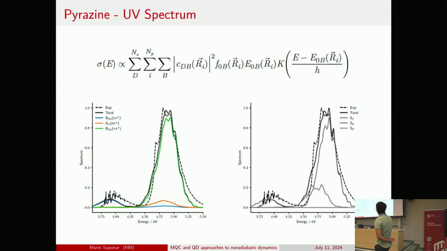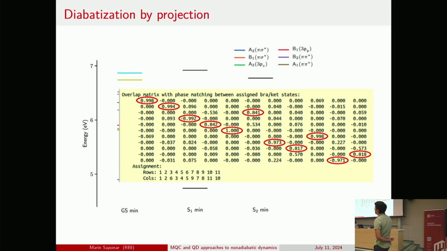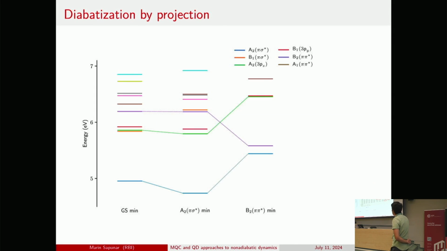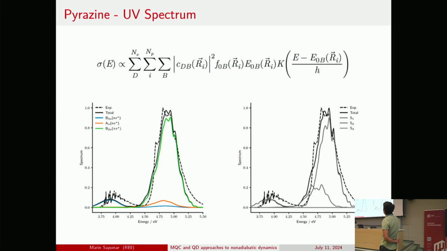We have this matrix that we orthogonalize. And then whenever we are calculating any property, we are using that matrix as a crude adiabatic to diabatic transformation matrix. So for this type of thing, it's okay.